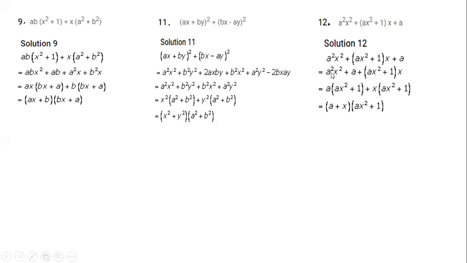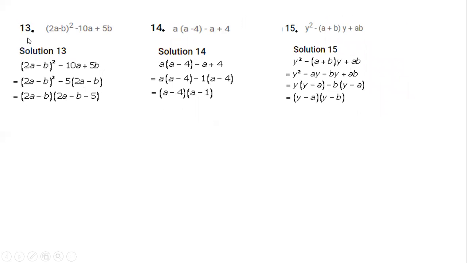So take out a common. Then we are left only with ax square plus 1. And from this one, x into ax square plus 1. But the quantity ax square plus 1 is common. So take this common factor out and we are left only with a plus x. So our answer is a plus x into ax square plus 1.